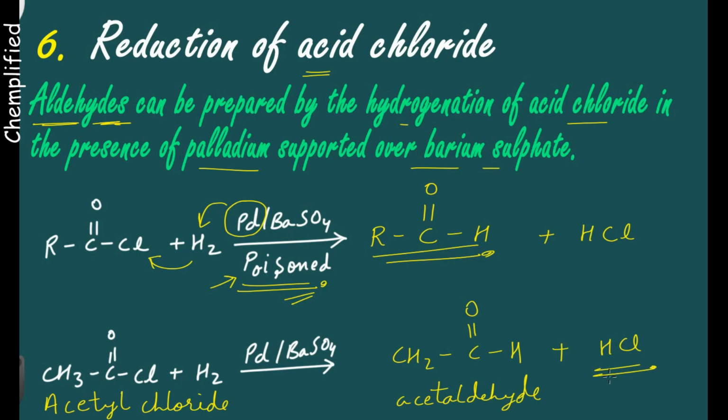You have to poison this catalyst, Pd/BaSO4, because you want to get the desirable product, that is acetaldehyde. Why? Because this is a strong reducing agent and can reduce aldehyde further to alcohol, right? So this was the reduction of acid chloride.